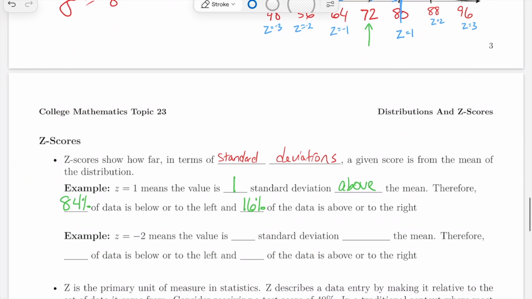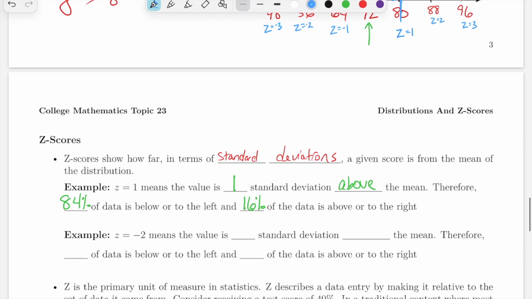Now, a z-score of -2 is a value that is 2 standard deviations below the mean.